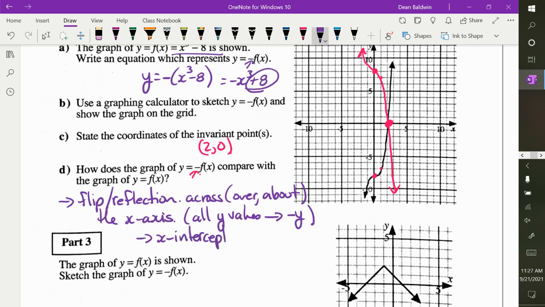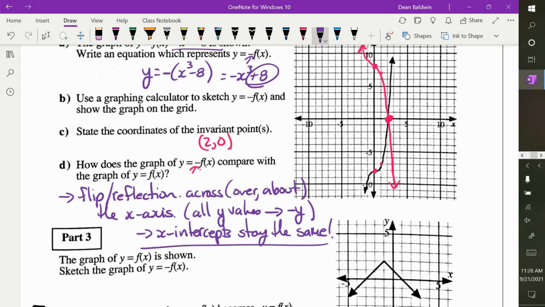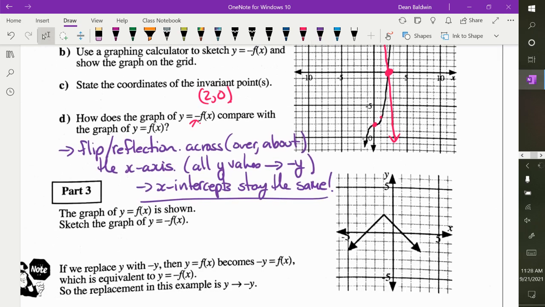X-intercepts stay the same. Okay, so all your y values have a negative put in front of them, or you just remember it flips over the x-axis.